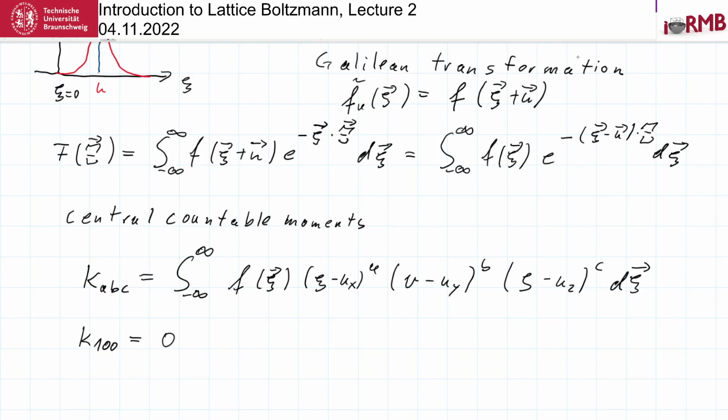So they have the same amount of particles on the left-hand side and on the right-hand side. In this frame of reference, k100, if it's not normalized, is the momentum. And the momentum in the frame moving with the fluid is always 0.